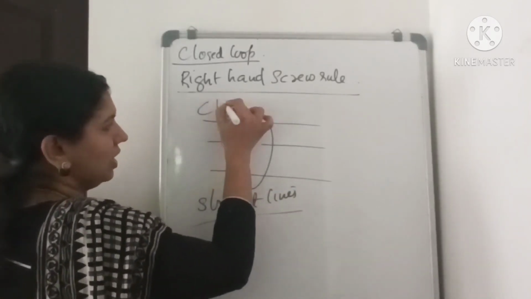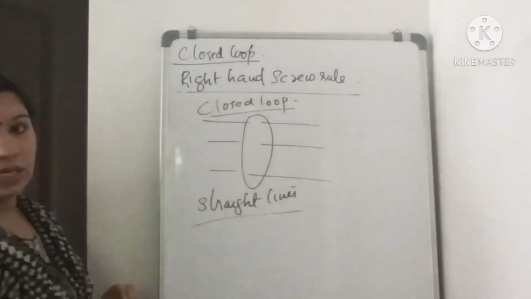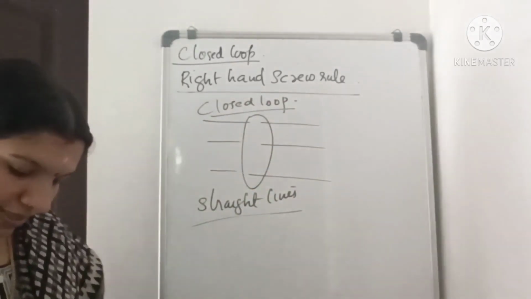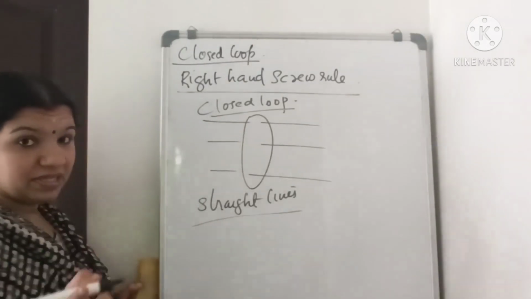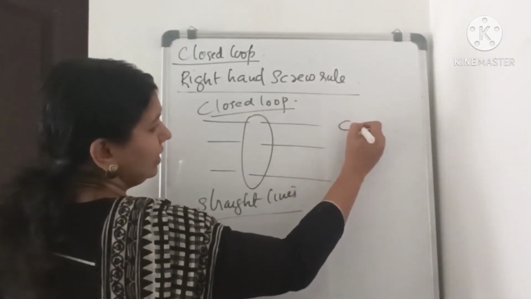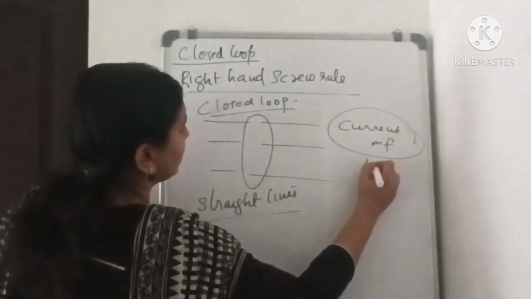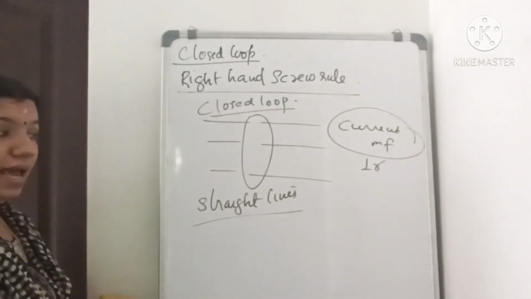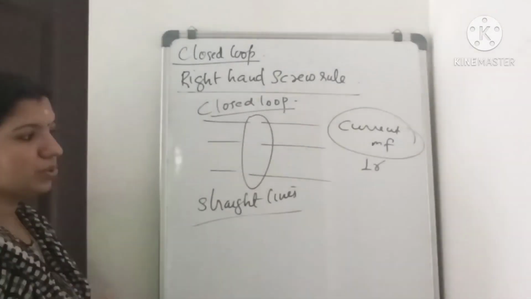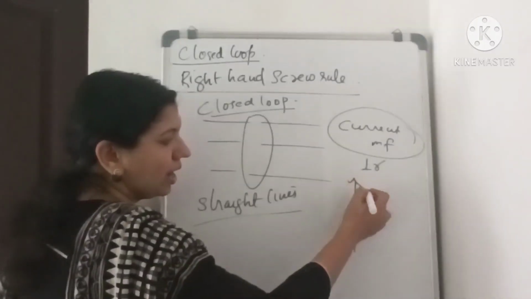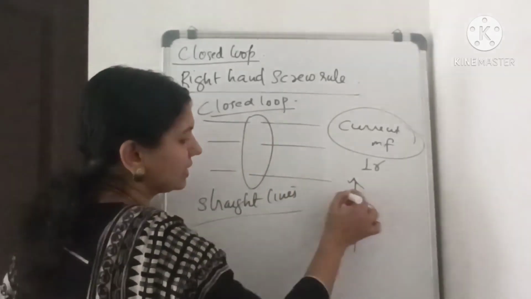For a closed circular loop. Understood? So these are the basic things that we notice here, and one more thing to keep in mind, that is the current and the direction of magnetic field are always perpendicular to each other, because in the case of a straight current carrying conductor, you are getting concentric circles.